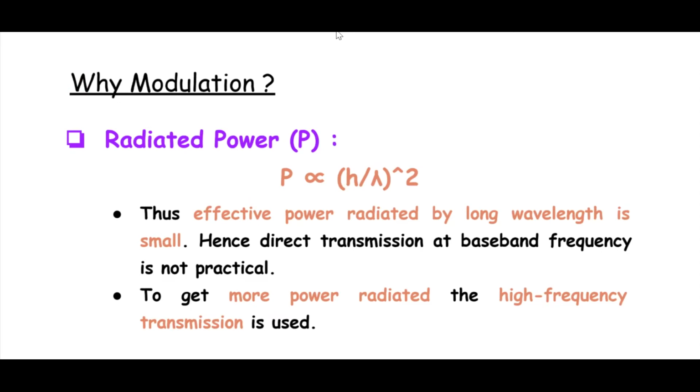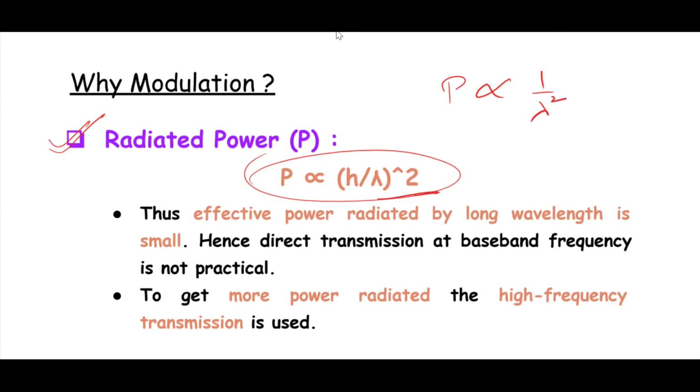The next reason we need modulation is the radiated power of the antenna, which is given by this formula, where P is inversely proportional to lambda, or lambda square. So as my lambda decreases, that is, if I increase the frequency, and I do modulation only to increase the frequency, my lambda will go down and ultimately this power radiation will increase.